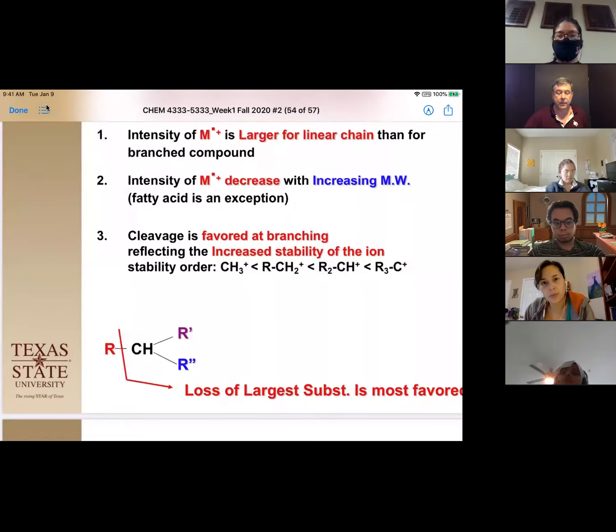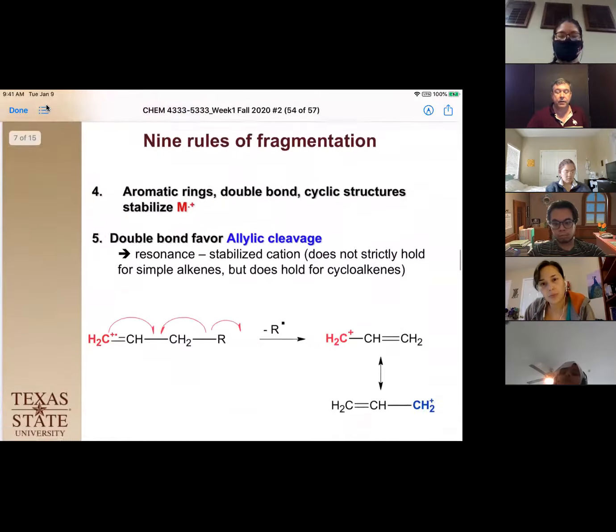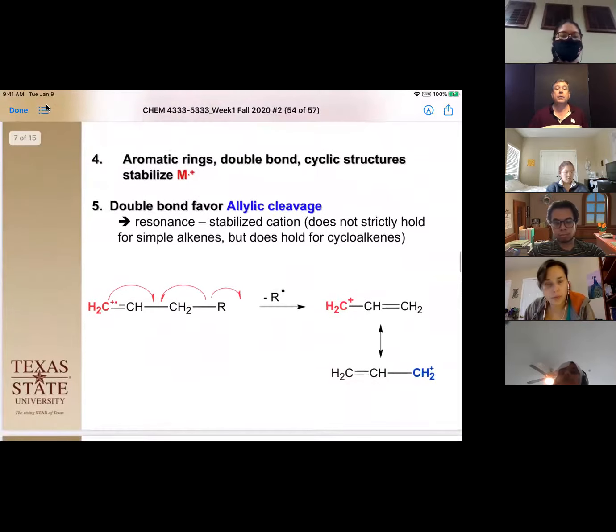Now, the next rule is that aromatic rings, double bonds, and cyclic structures tend to have a much higher molecular ion peak, not necessarily higher than the base peak, but they are very well pronounced.